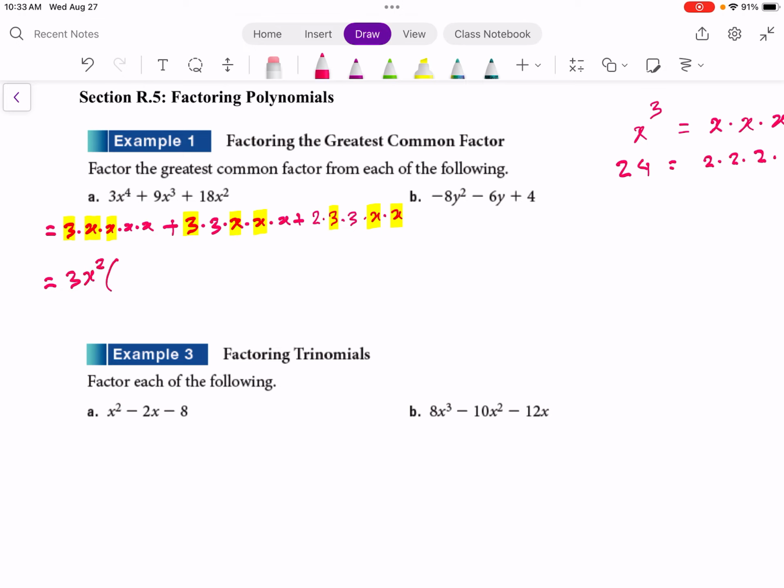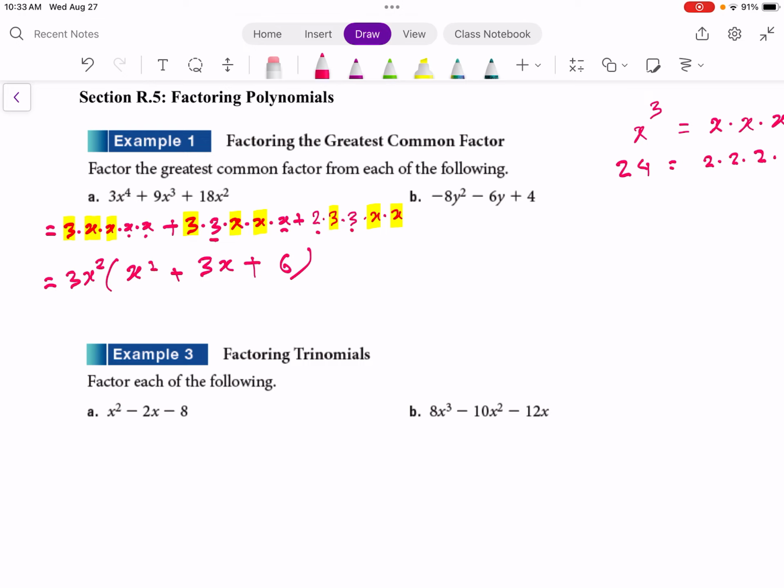Now inside the parentheses, you will write the remaining factors. So x times x, that is x squared, plus 3 times x, that is 3x, plus 2 times 3, 6. No x. So 3x squared is the greatest common factor in each term.